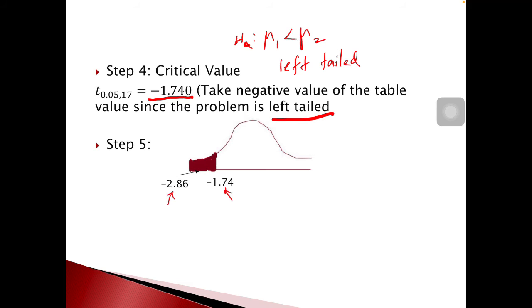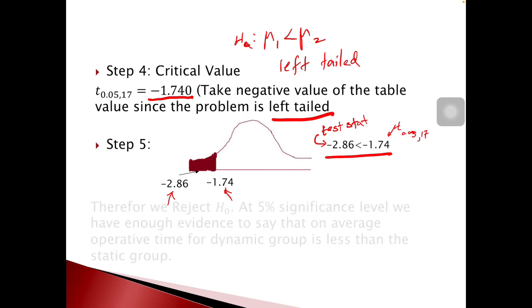If you compare these two values, you will see that your test statistic value is less than t 0.05 comma 17, which means your table value.